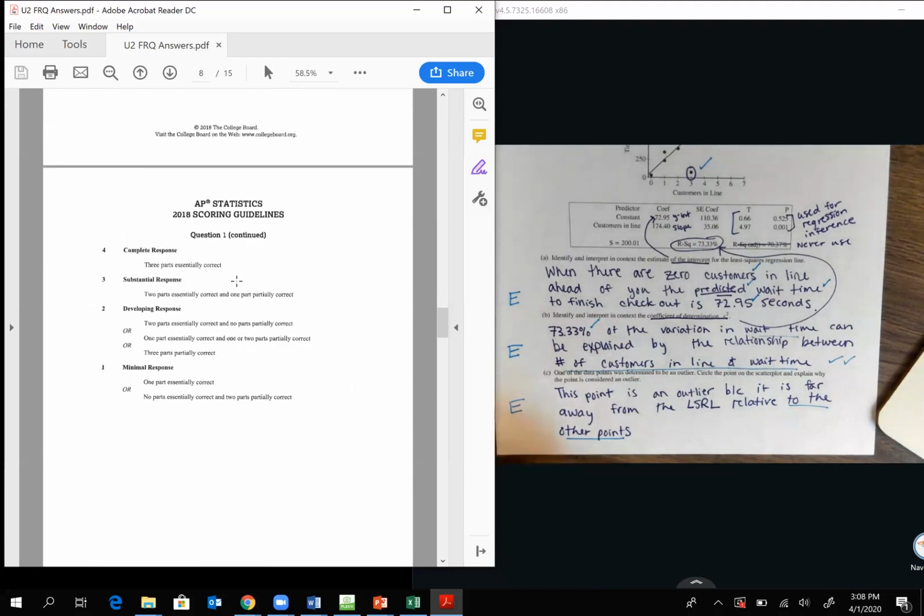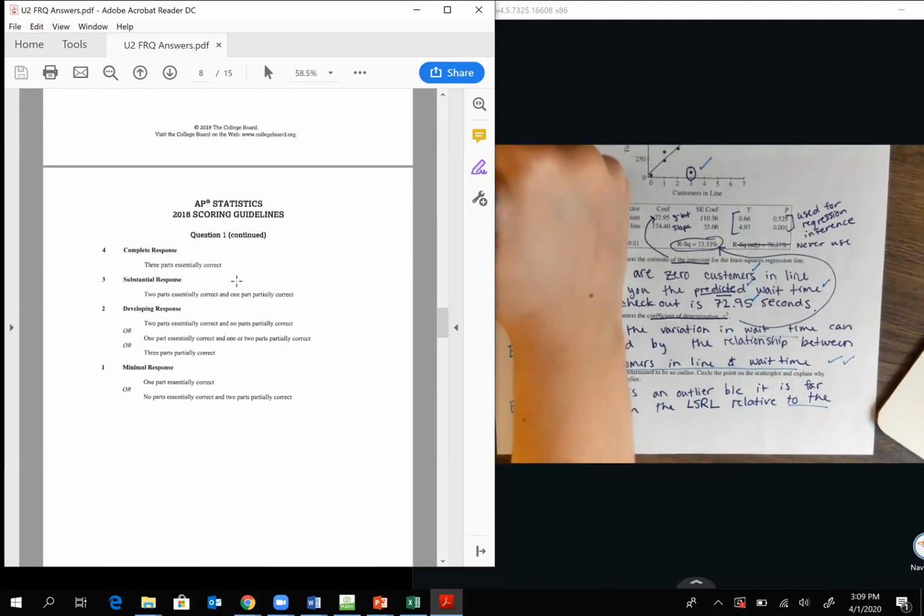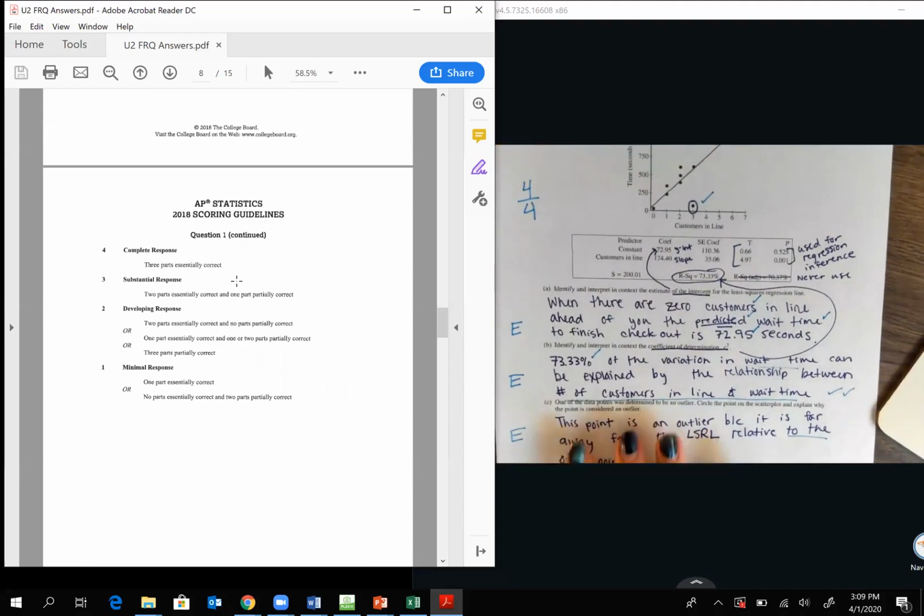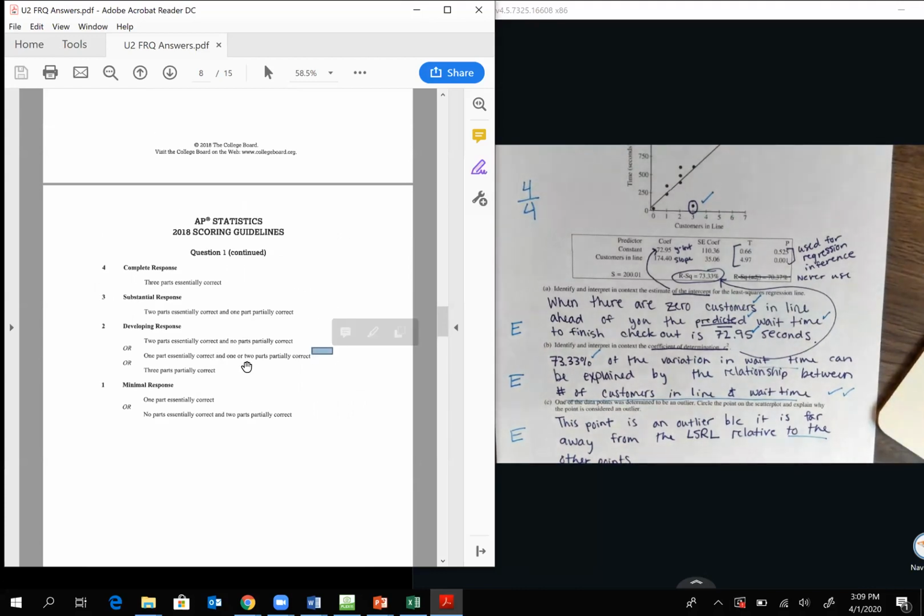If you got all 3 E's, this is of course a 4 out of 4. If you got 2 E's and 1 P, that's a 3 out of 4. 2 E's and an I is a 2 out of 4. 1 E and then a P and an I, so EPI, or EPP, or 3 P's: all of those ways get you a 2 out of 4.